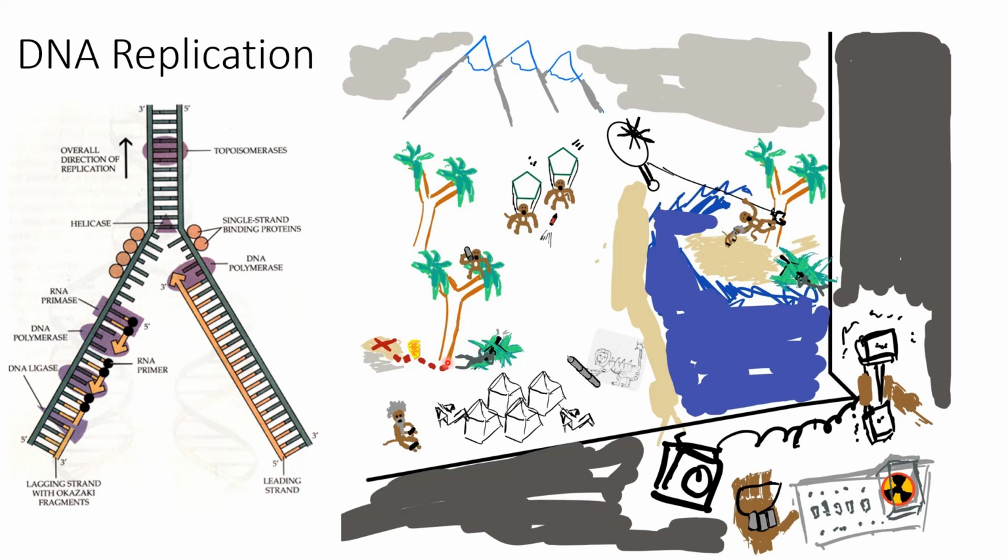Prokaryotes also have a double palm gun, right? DNA polymerase 1 here. DNA polymerase is going to bind to your primase, and they form an Okazaki fragment, which is the bazooka that he's pulling out. Okazaki bazooka.